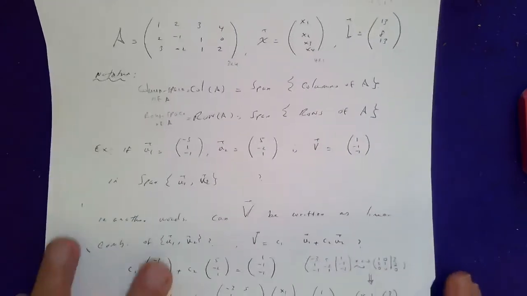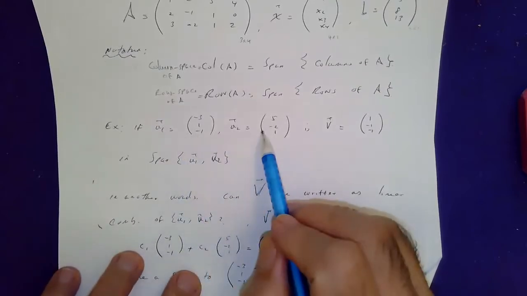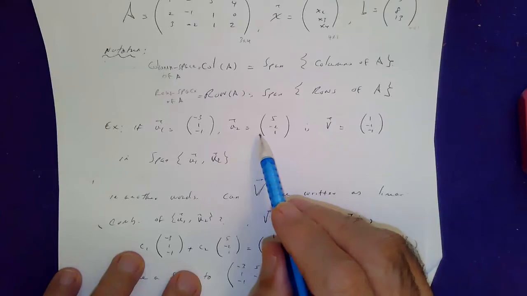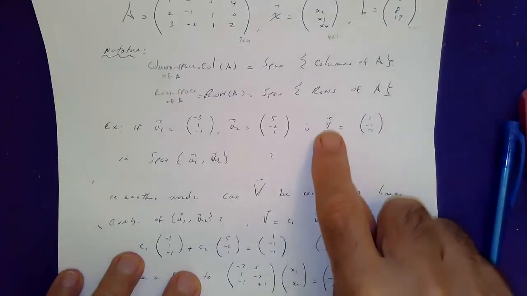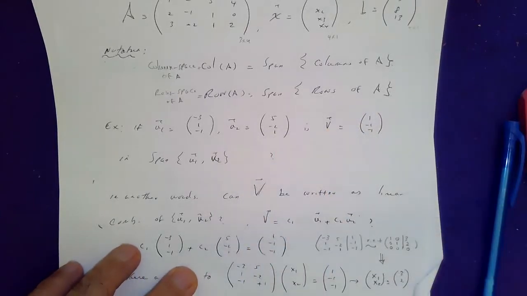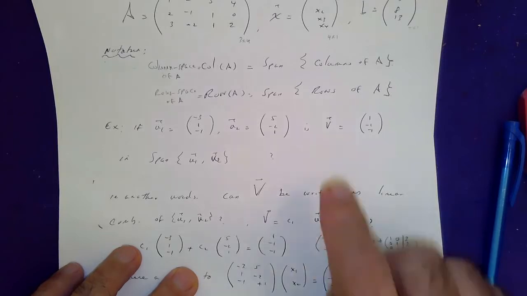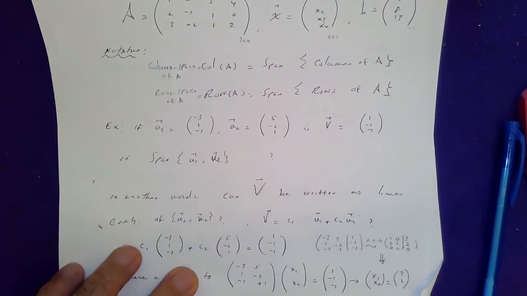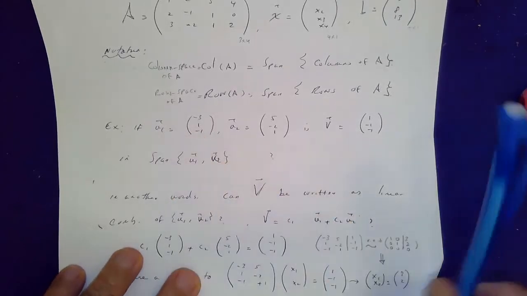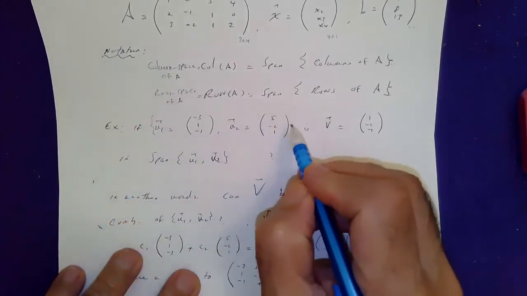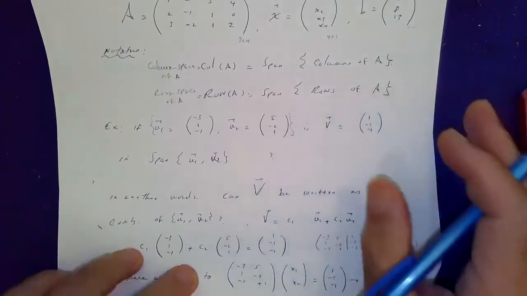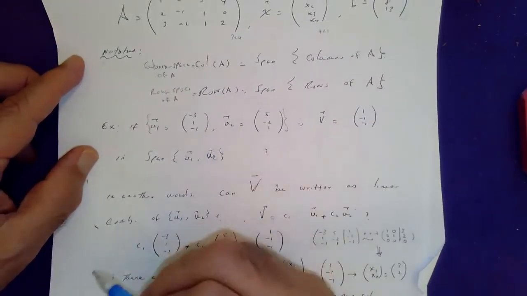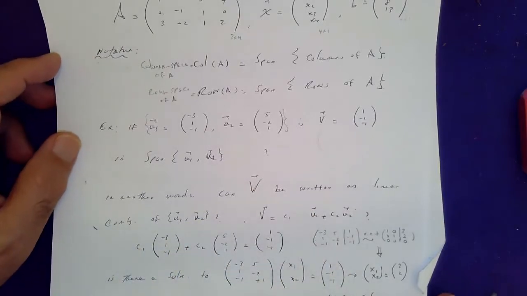In other words, sometimes the question might be: given 2 vectors, can you determine if this vector is in the spanning set of U1, U2? Can you prove that this vector is in the spanning set of U1 and U2?